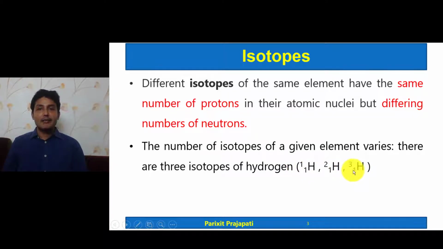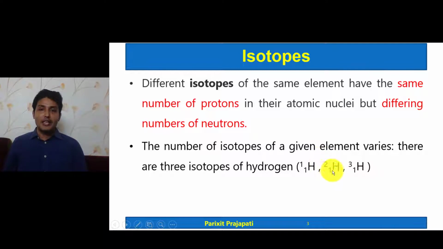All are having the same atomic number. That means all have the same number of protons or the same number of electrons. But there is a difference in the number of neutrons. For example, H1 has no neutron, only one proton. So the atomic mass is 1. H2 has one proton and one neutron.